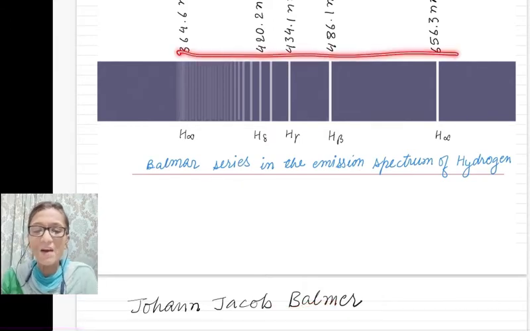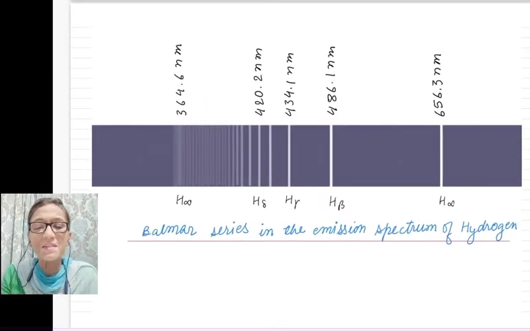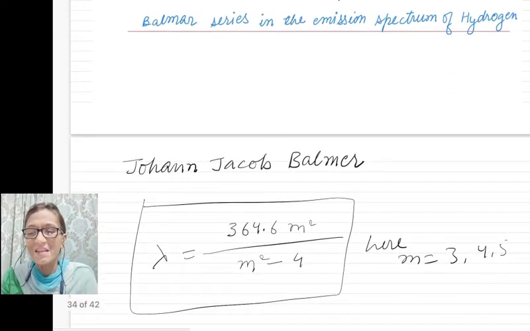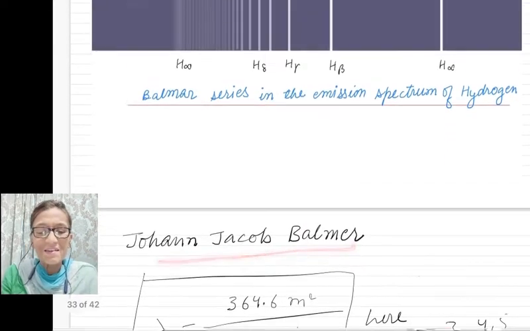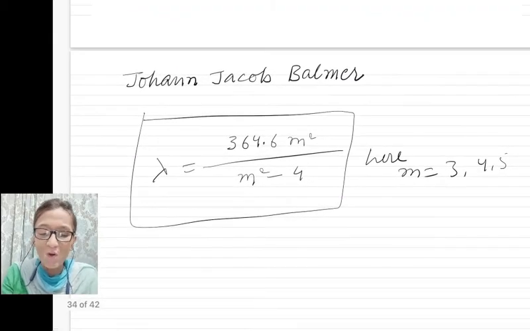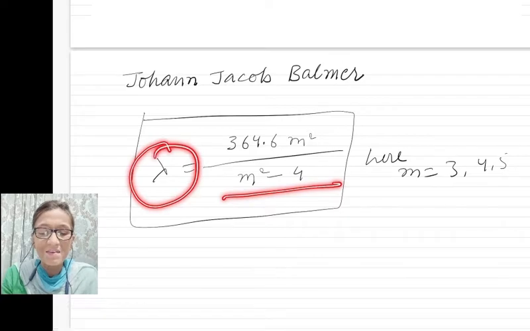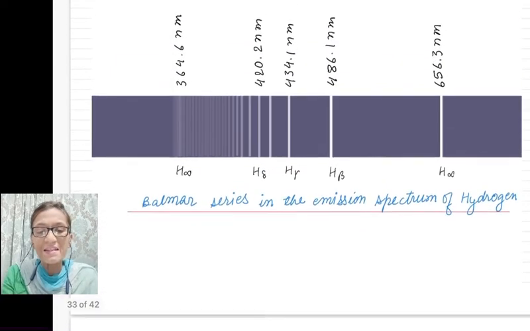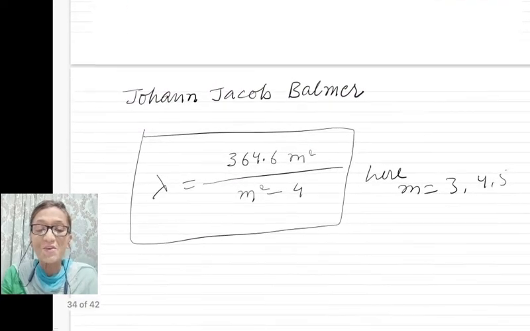Then he was provided these numbers that come in spectral series, spectral lines. And then he arranged those numbers in a formula to have any wavelength that comes in these spectral lines.